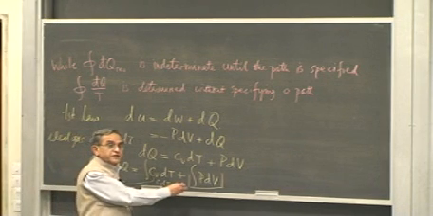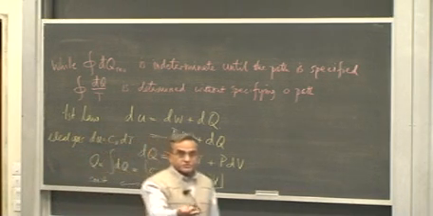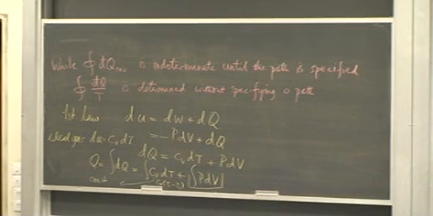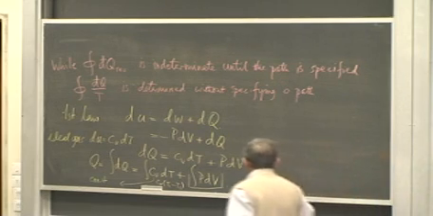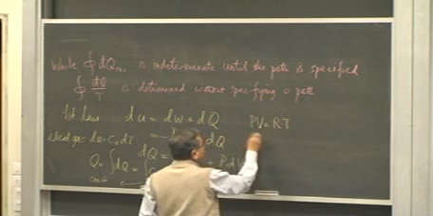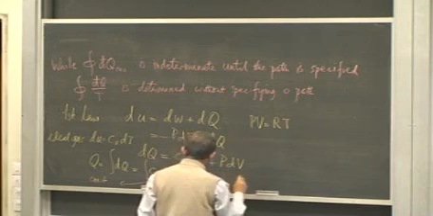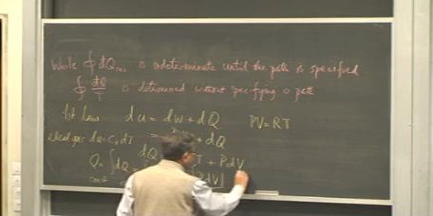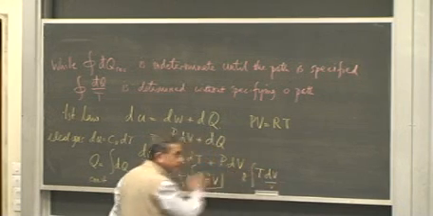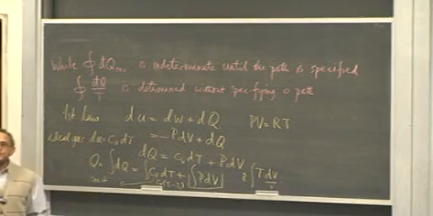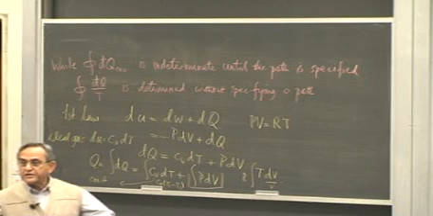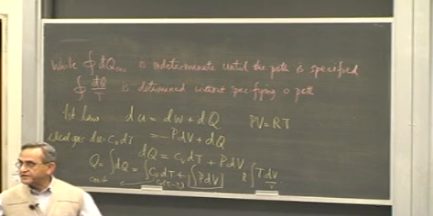Or we write down the equation of state, which is PV equal to RT. Then I can write for P, RT over V, and then I will have this as R integral T dV over V. Even here I will need to specify what to do with the temperature T inside the integral.